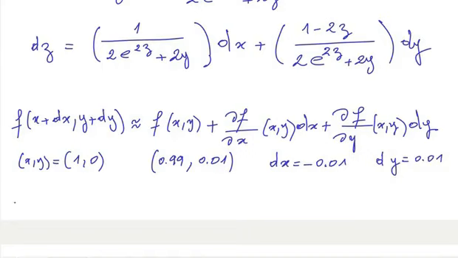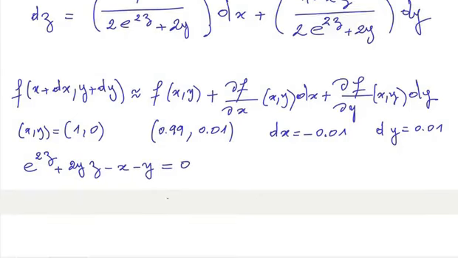And consequently, we need, of course, f of x, y, which is f of 1, 0. So let's recall that z is defined by exponential of z plus 2yz minus x minus y equals 0.